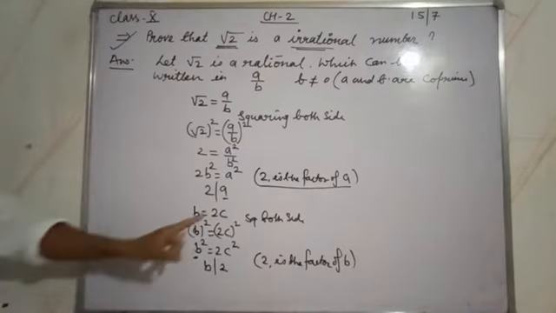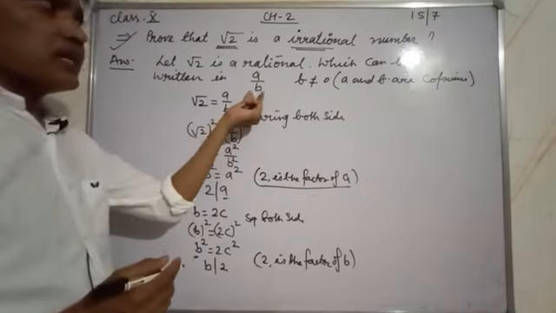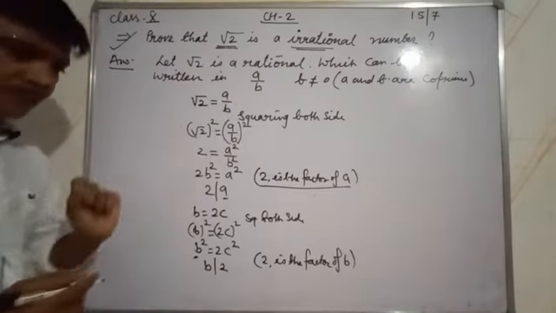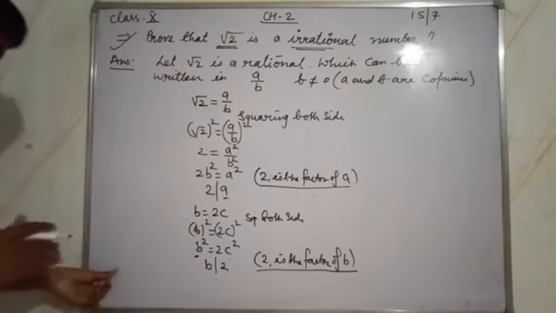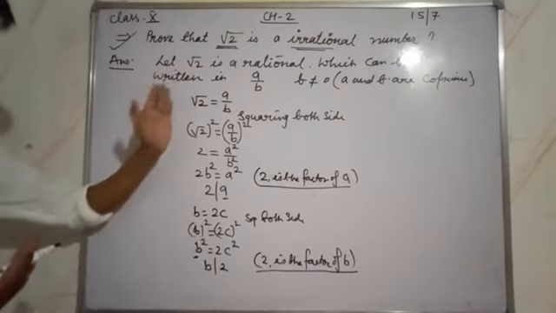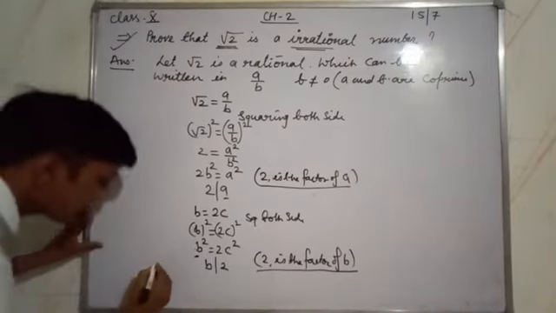Okay, I said earlier that the property of a rational number is that 1 is the only common factor. But here we get 2 as a common factor for both, other than 1. This means the hypothesis that under root 2 is rational is wrong.